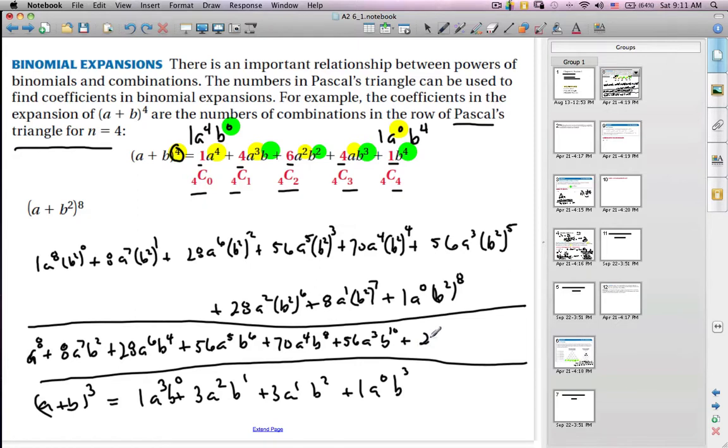plus 28, A squared, oops, making a mess, 28, A squared, B to the 12th, plus 8, A to the 1st, B to the 14th, and I ran out of room again, plus B to the 16th.